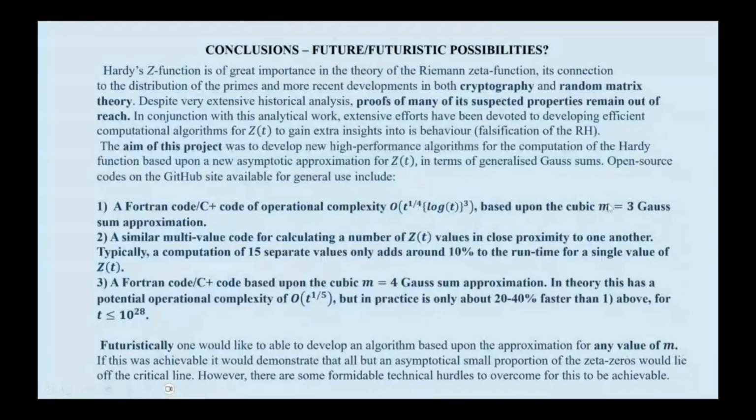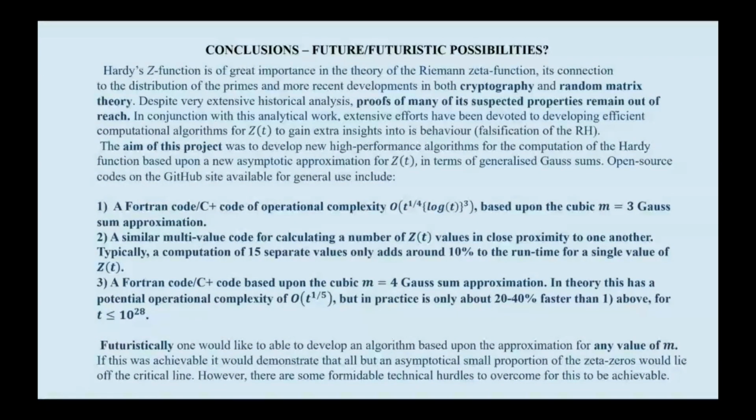So we've got something for m equals 3, we've got a sort of halfway house m equals 4, but what you'd like to do is to say, if you're a user, you could choose any value of m. So you've got a library of routines for m equals 3, m equals 4, m equals 100, say, a whole library, and you take the value of t you're interested in, and you choose the value of m depending upon what your computational resources are, whether you're running it on a supercomputer or just on the desktop.